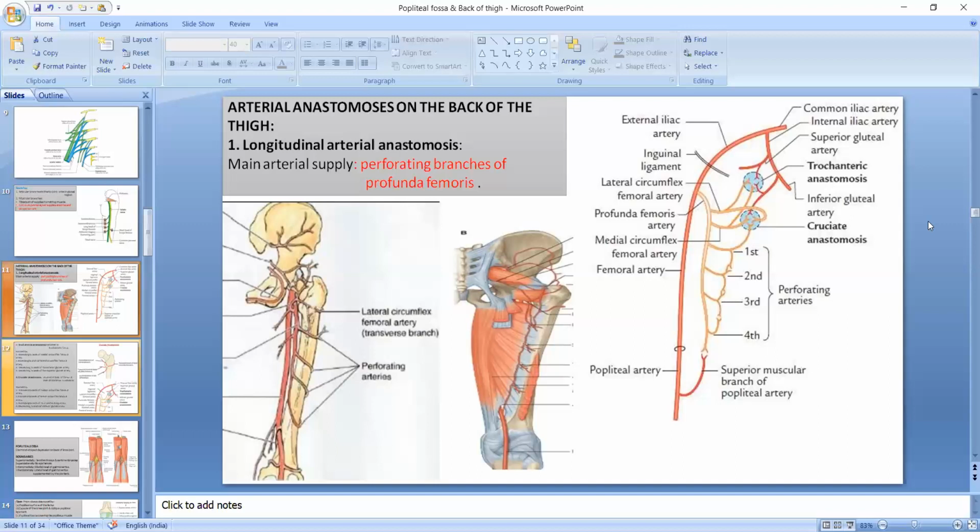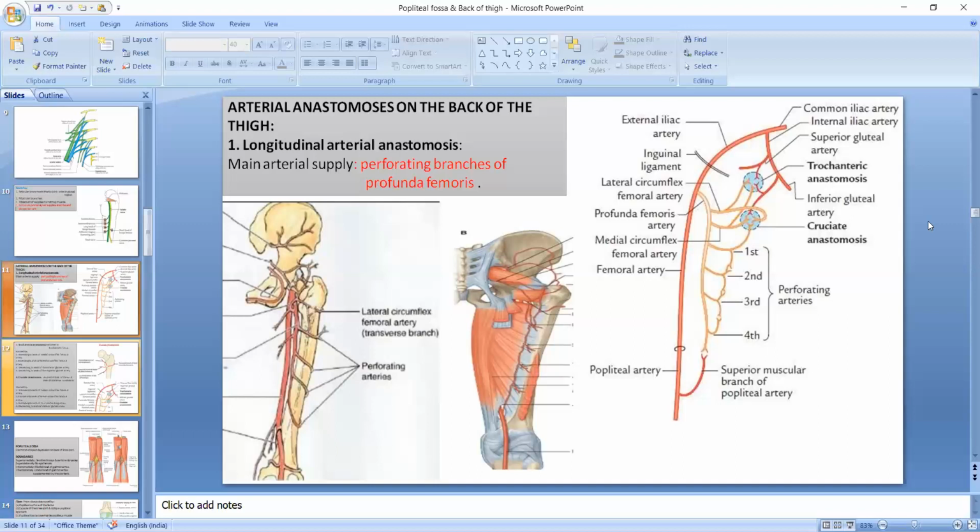The deep circumflex iliac artery travels superolaterally, medial and deep to the inguinal ligament, to join the anastomosis at the ASIS. Similarly, the superficial circumflex iliac artery takes a superolateral course, anterior to the inguinal ligament, to meet the anastomosis at the ASIS.